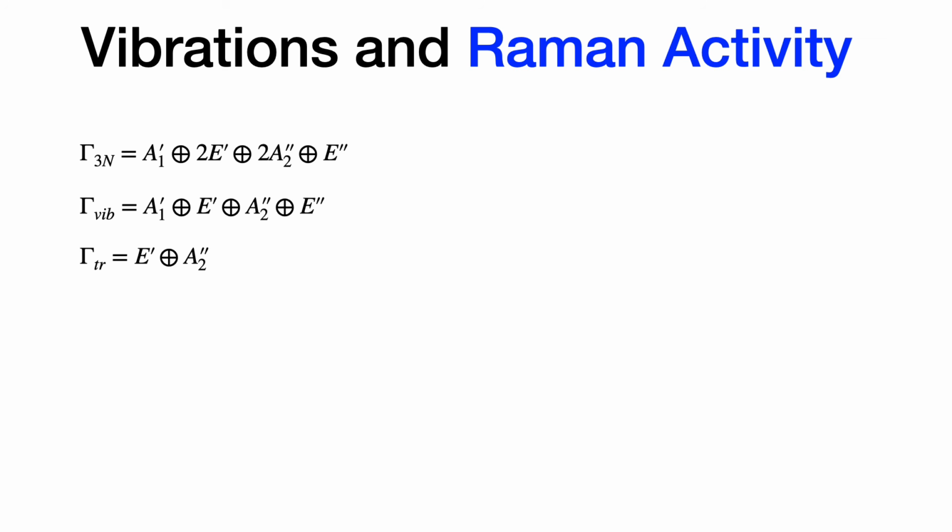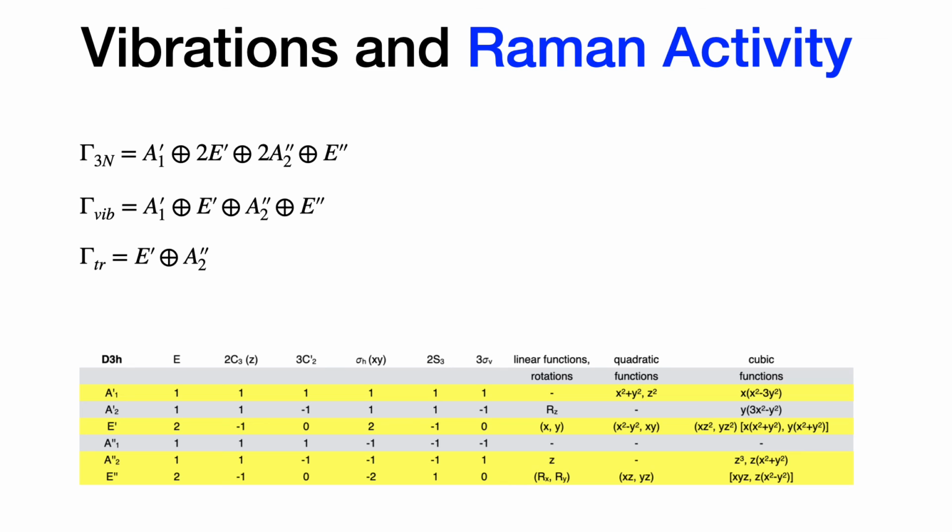You can see them in the character table, which is shown here, and I highlighted in yellow those that are vibrational modes. What's interesting here is that if you look at the quadratic function, 3 of those modes are Raman active. So Raman active modes are those that have a quadratic function, simply because it's how the polarizability changes during the Raman process.